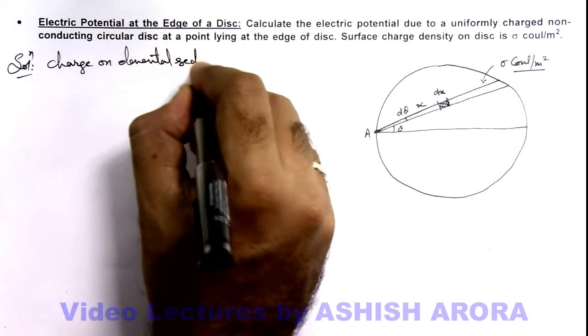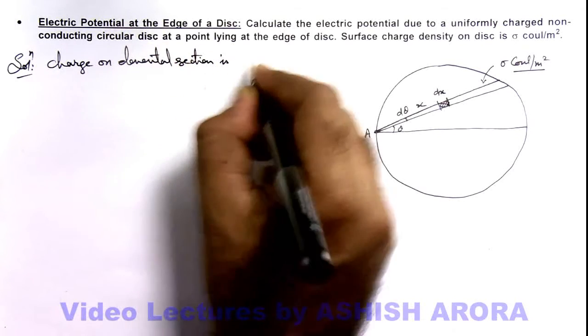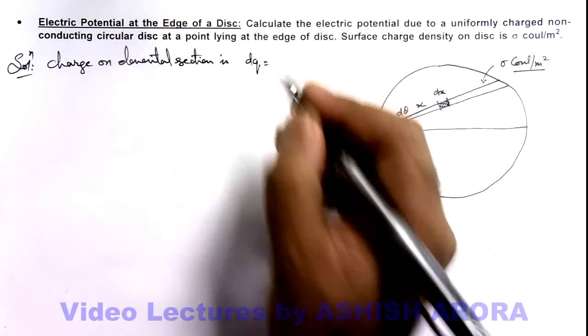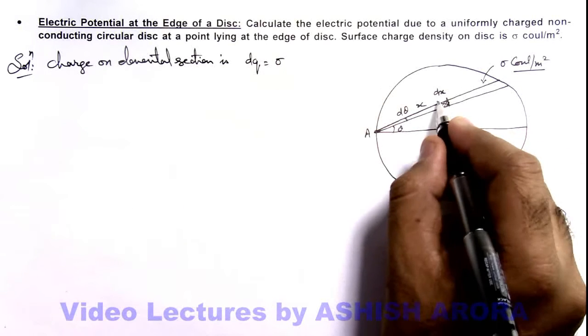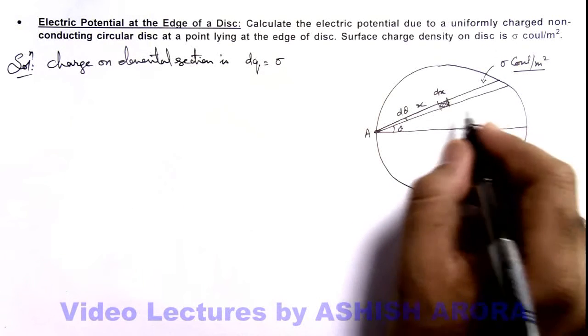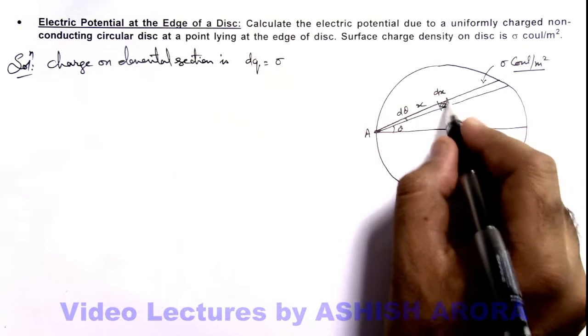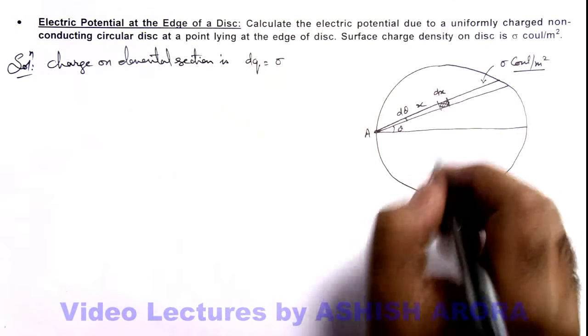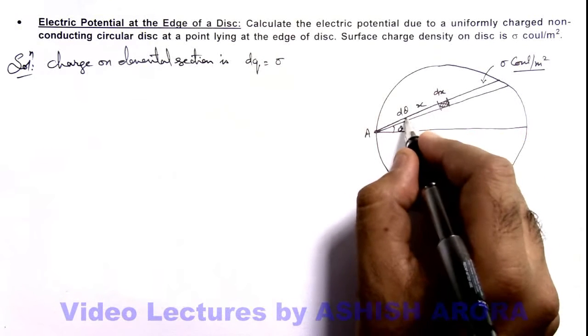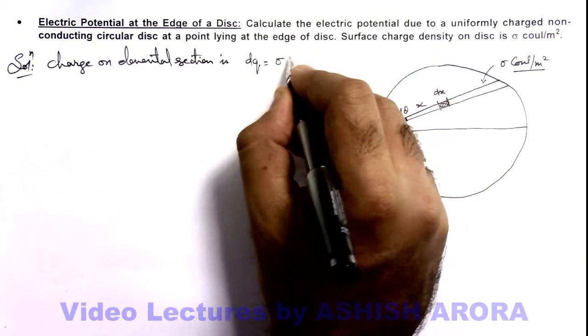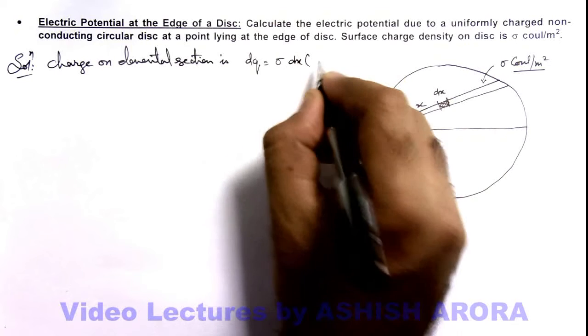the elemental section. This can be written as dq, which is sigma multiplied by the area of the section, whose width is dx and the length on the other side is x d theta, because this angle is d theta. So dq is sigma dx multiplied by x d theta.